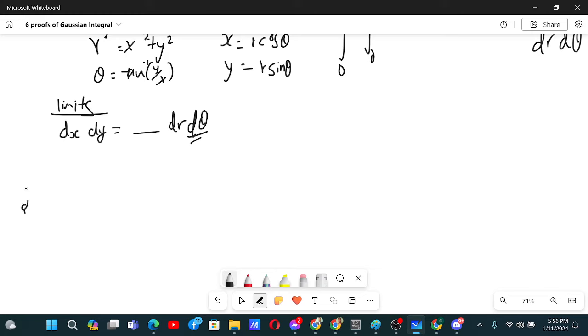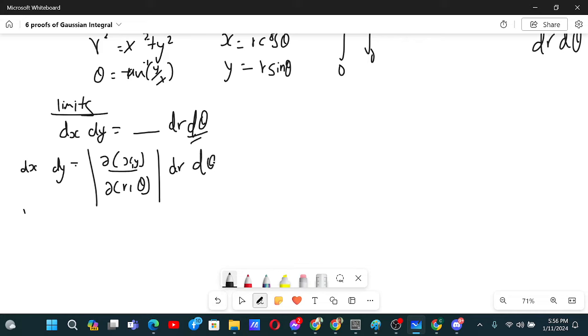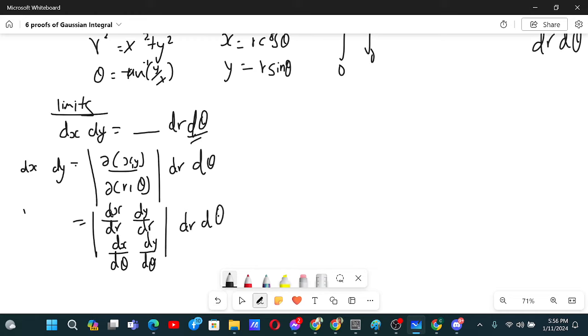Now our dx dy will be equal to the determinant of d(x,y) by d(r,theta) times dr d theta. This will be equal to the determinant of dx by dr, dy by dr, dx by d theta, dy by d theta, times dr d theta.